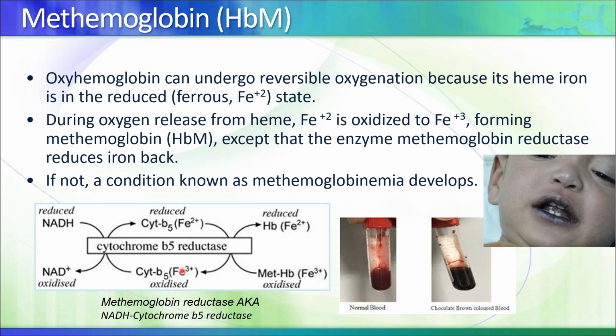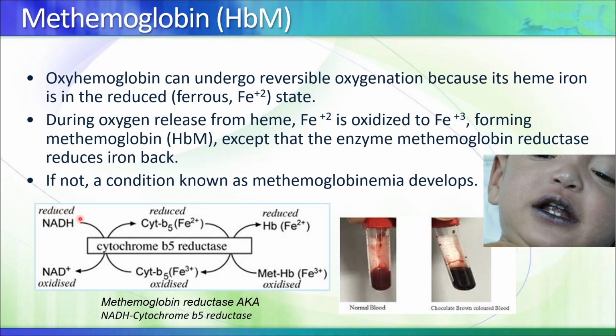This requires cytochrome b5 reductase, a molecule within the enzyme itself, and that requires NADH as well. Okay, so you have oxidation of NADH and transfer of electrons eventually to iron. This reaction takes place, by the way, in red blood cells, of course.